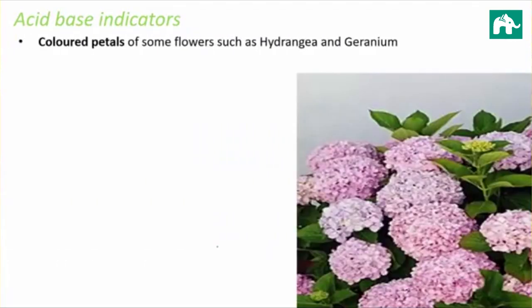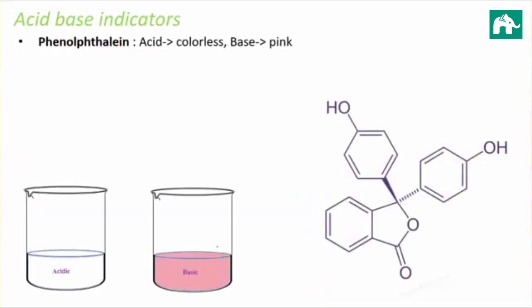Another one is colored petals of some flowers such as hydrangea and geranium. These are some flowers which I would not say are very commonly available everywhere, but yeah, their petals act as acid-base indicators. Not just that, we have some chemicals like phenolphthalein, which acts as a very good acid-base indicator.